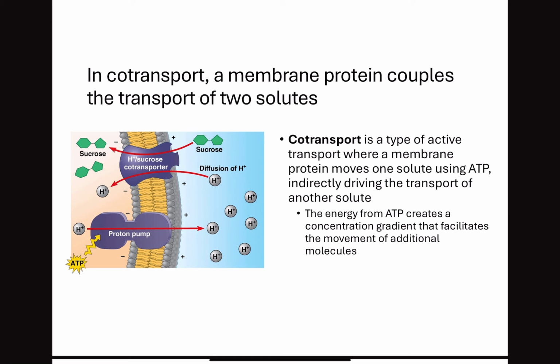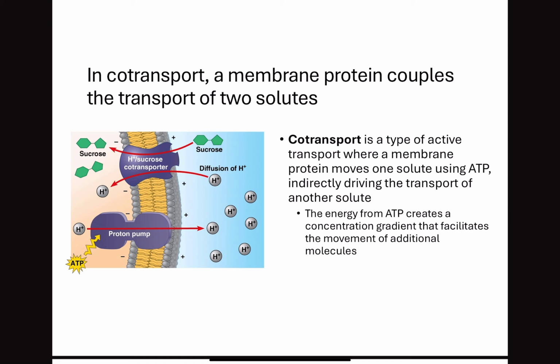We have something called co-transport, in which a single ATP-powered pump transports a specific solute indirectly, and it drives the active transport of several other solutes in that mechanism called co-transport.